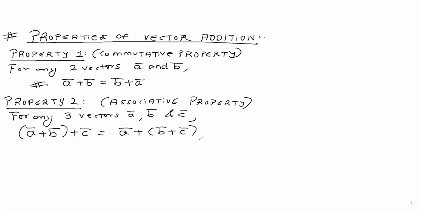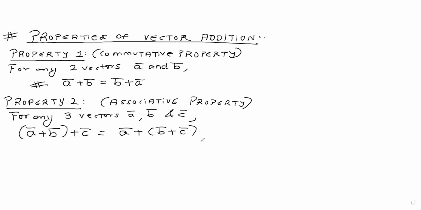It means if you associate vector B with A and then add with C, it will exactly be equal to adding B with C and then adding it with A. So this is property 2.